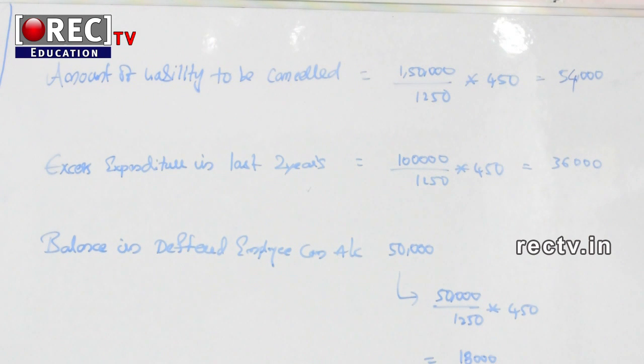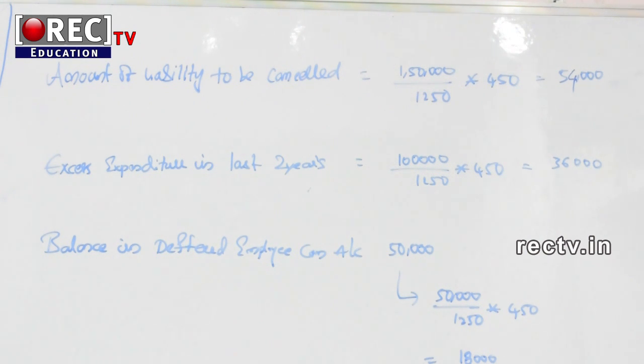In the last 2 years we have debited expenditure of rupees 1 lakh, that is 50,000 plus 50,000, in respect of the 1,250 options. Since 450 options have lapsed, we have excess recognized the expenditure in the last 2 years, so we have to credit the P&L account.